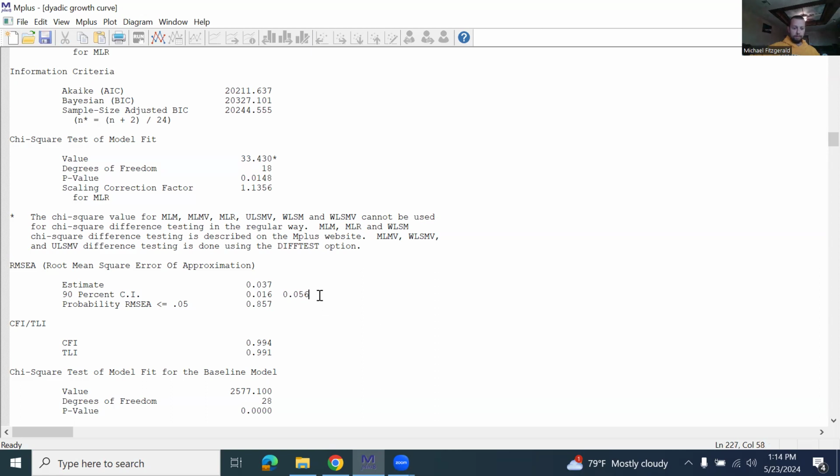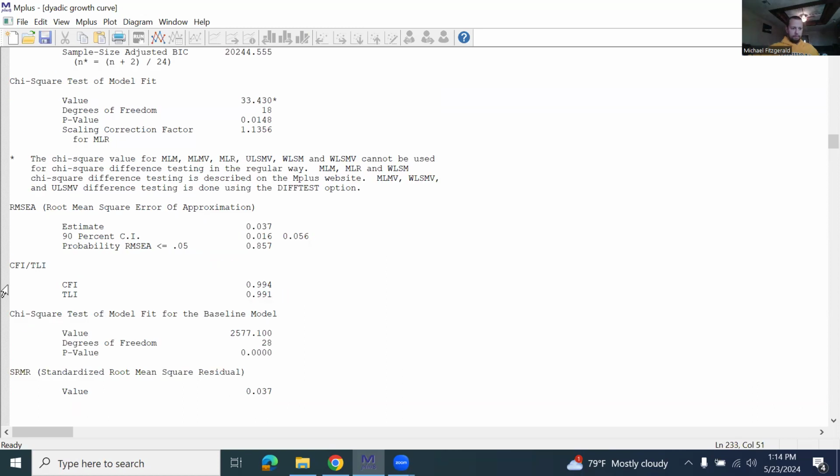And one of the things I'm looking for is how spread out this value is. Because you can have an RMSEA of 0.037, but if your 90% confidence interval is 0.008 and 0.22, then there's a lot of variability in the RMSEA. And that doesn't necessarily say that your model will be well-fitting. We have CFI and TLI are 0.99.